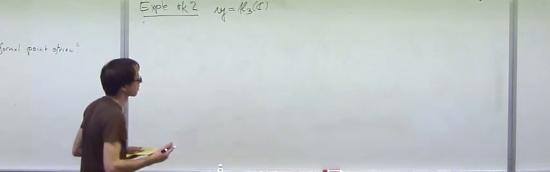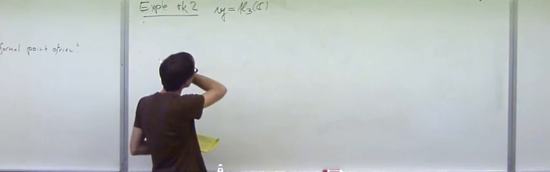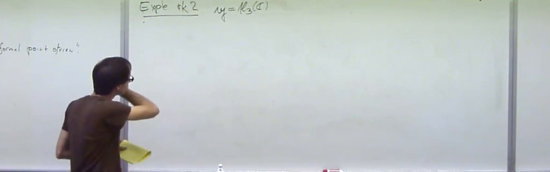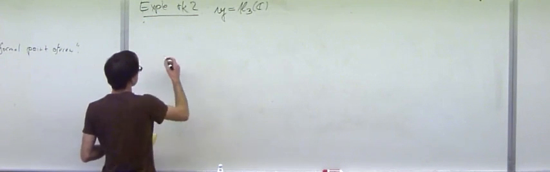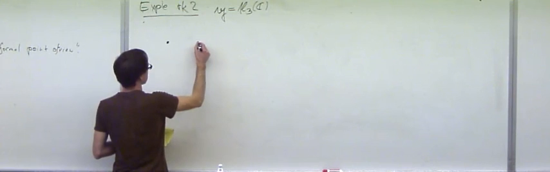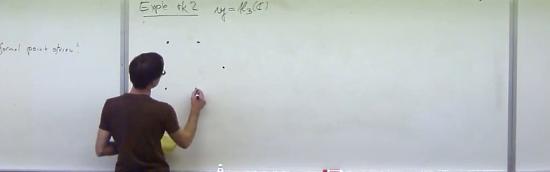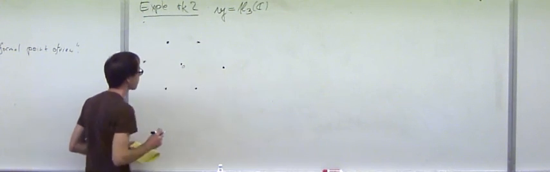Let me recall the basis for the dual of the Cartan. So the root system looked like this. This was this hexagon, right? So there's 0.